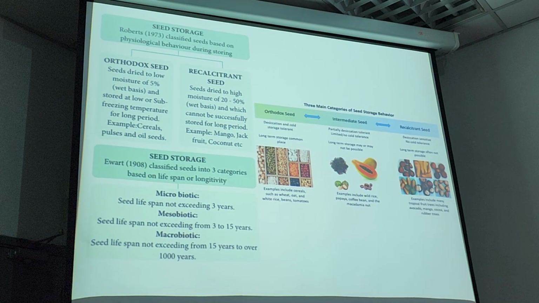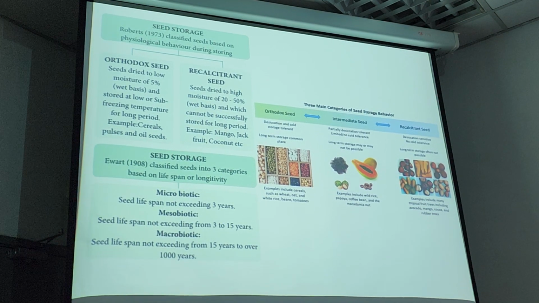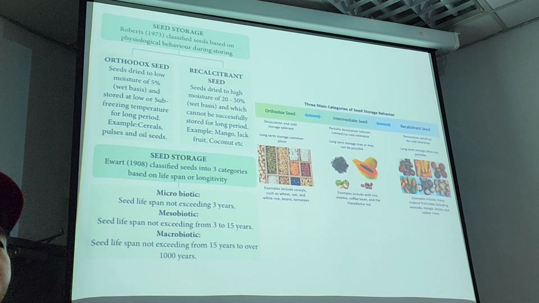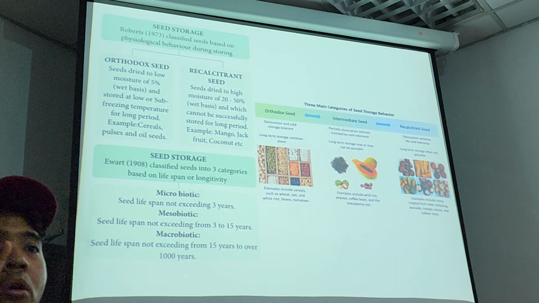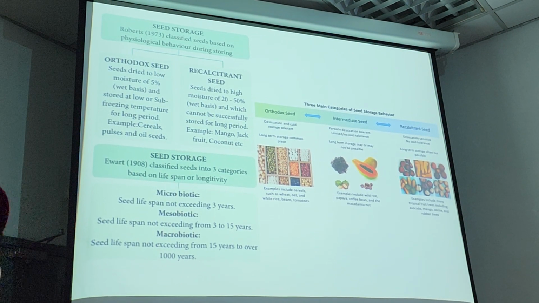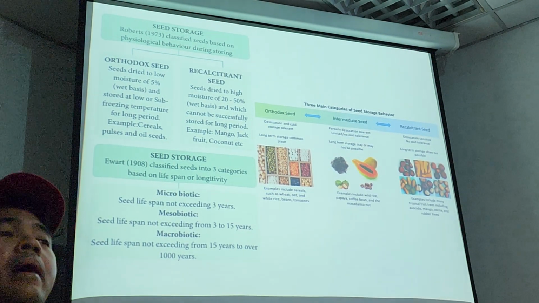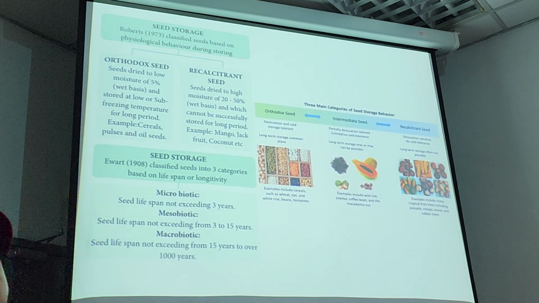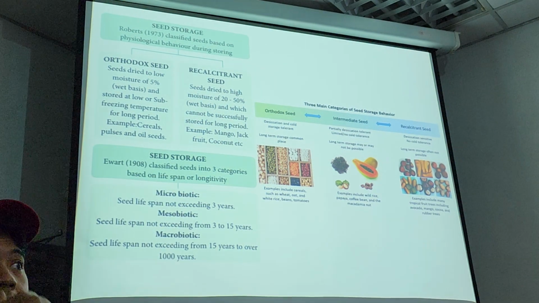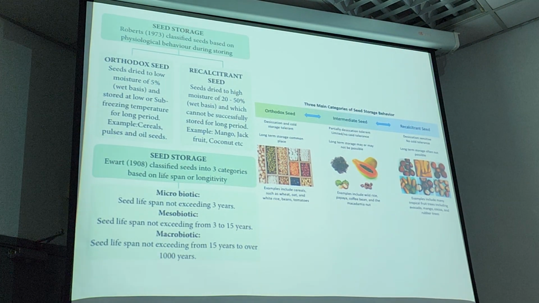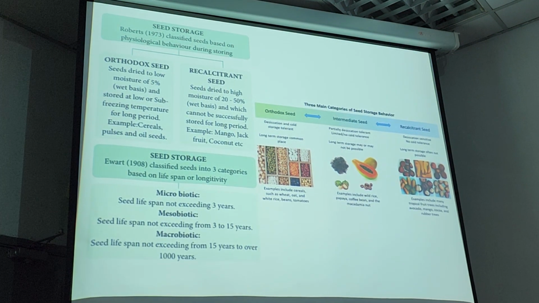Orthodox seeds, in a classification by Roberts in 1973, are seeds that can be dried down all the way to 5% moisture level, and the moment they are dried, they can be kept in storage for a very long time. Orthodox means the traditional thinking: you dry it and then it can be kept for a very long time.